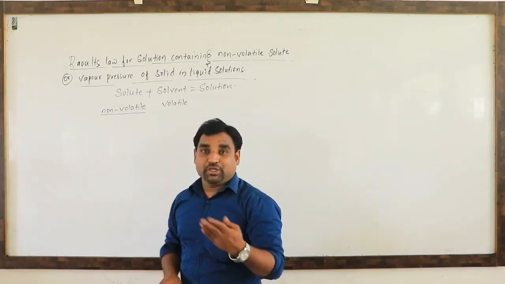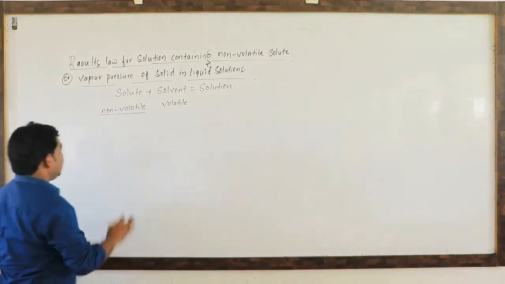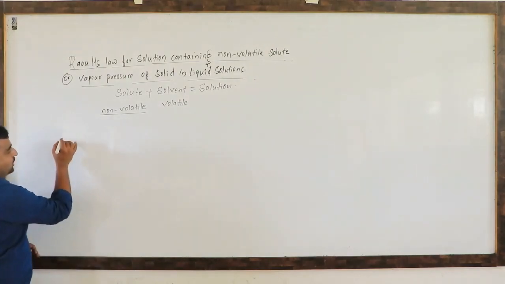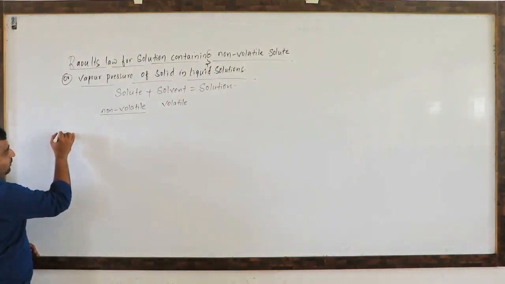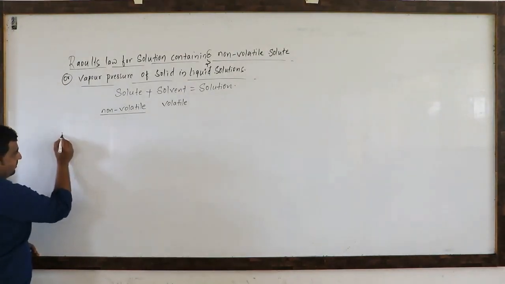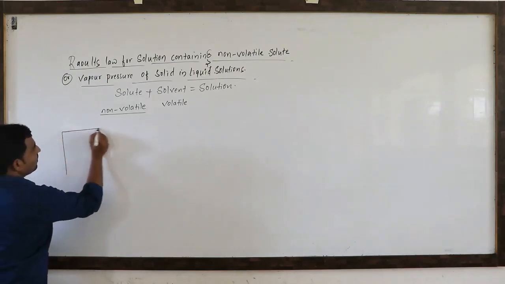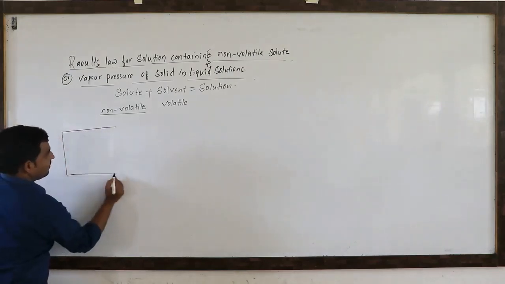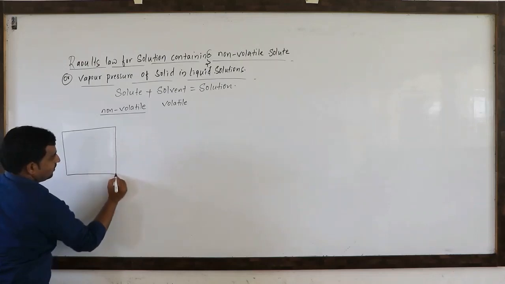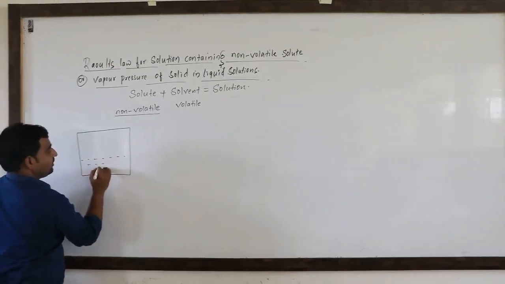What about the vapor pressure? Now we will discuss that. Let us consider an example. The solution is allowed to evaporate in a closed vessel. I have taken a liquid solution here.